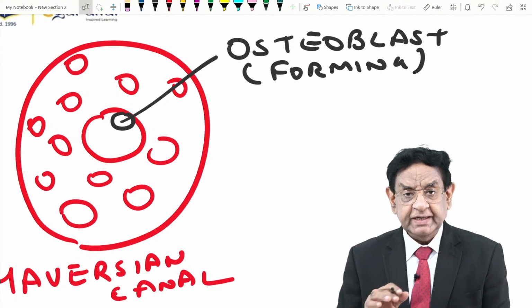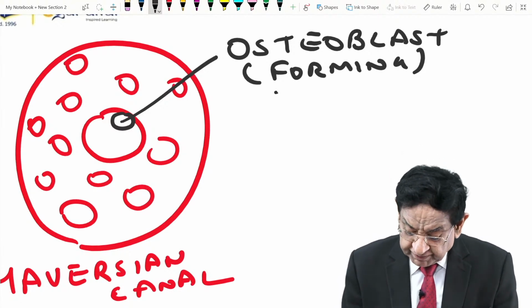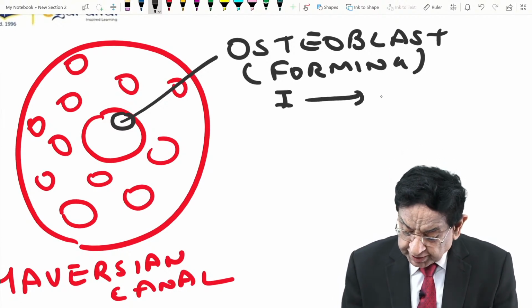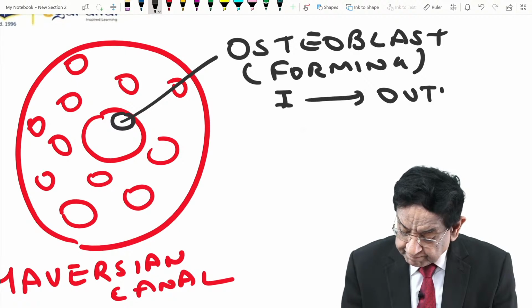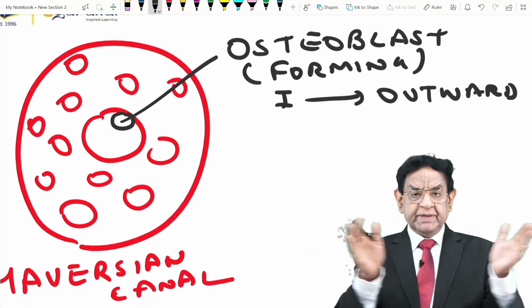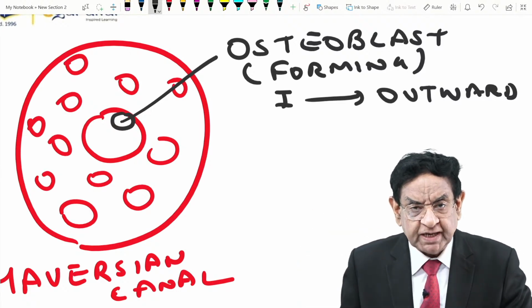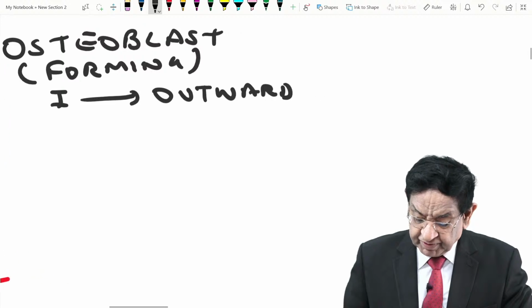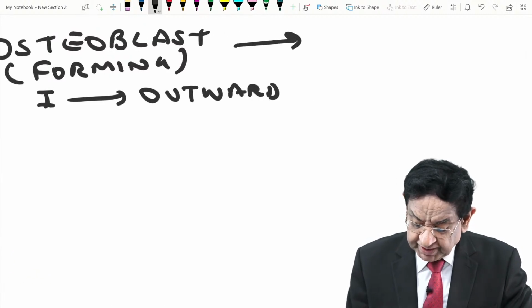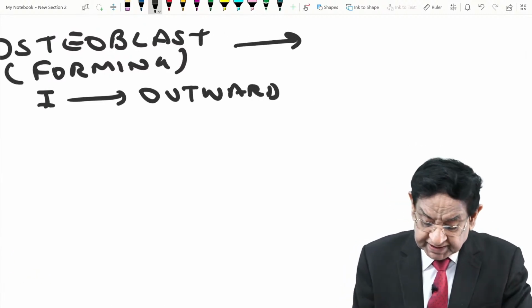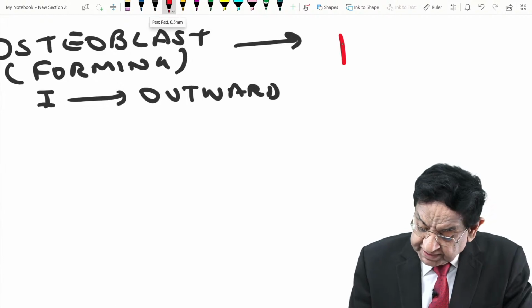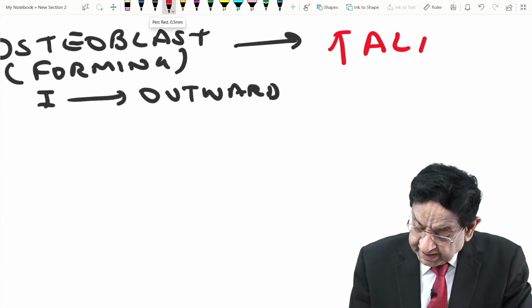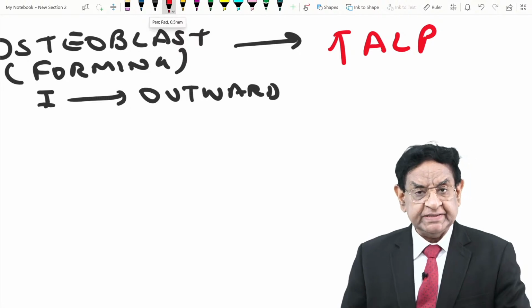That's why in the cortical bone, growth occurs from inside outward, because the bone is growing from inside, it will go outside. This is the osteoblast. And one more question from biochemistry: whenever the osteoblastic activity increases, the ALP, alkaline phosphatase level, is increased.